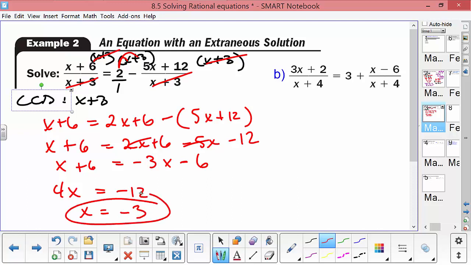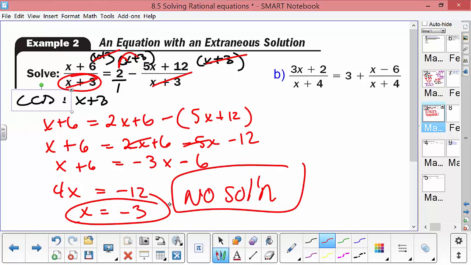If I sub that back in, I can see right away that if I put negative 3 into my denominator, I'm going to get a 0. And I can't have a 0 in the denominator because then the entire thing would be undefined. So we would say that there's no solution because x equals negative 3 cannot possibly be a solution.